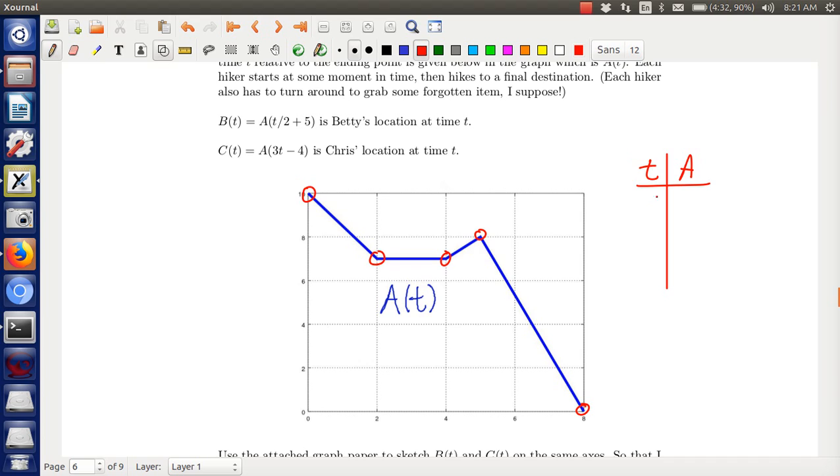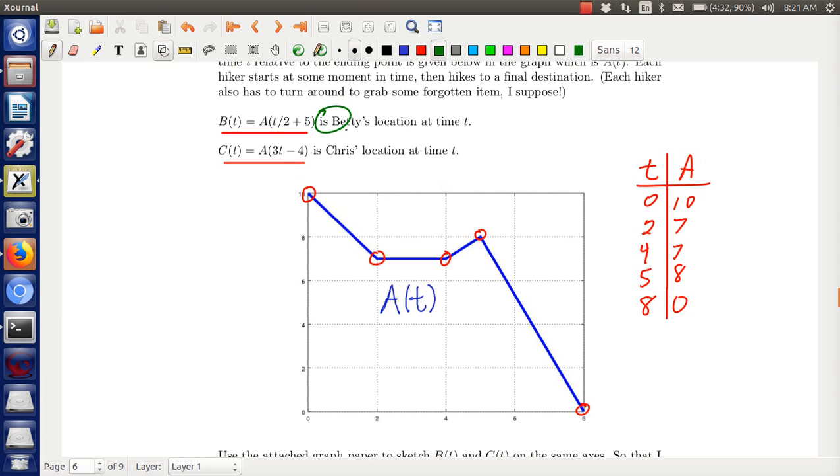So my points are (0, 10), (2, 7), (4, 7), turn around, go get this other item, and (8, 0). And so the information I need is that I want to make this translation and also this translation. What does that mean? What do I do? The point is I need to find new t values to put in here so that I get these t values back out.